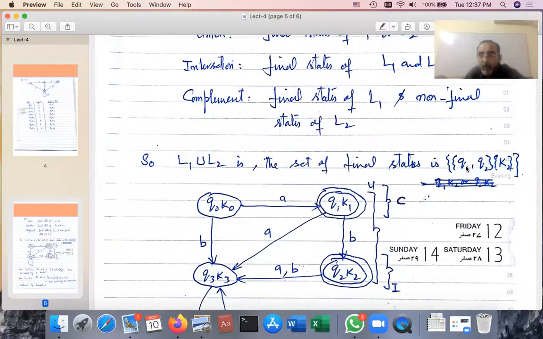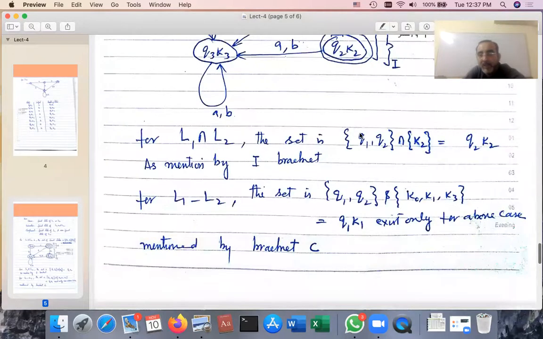Now in the union, you have to consider these states individually rather than in the form of a pair. So either state Q1 is coming here, Q2 is coming here, so you don't have to check the pair. But in intersection, Q1 K2 and Q2 K2, because you have to consider the final states of both L1 and L2. So Q1 K2 is one pair, Q2 K2 is another pair.